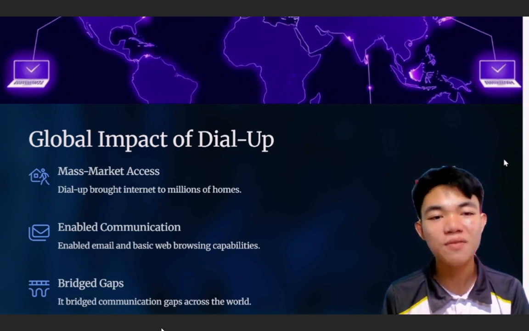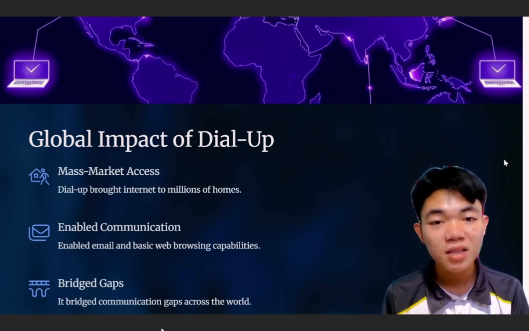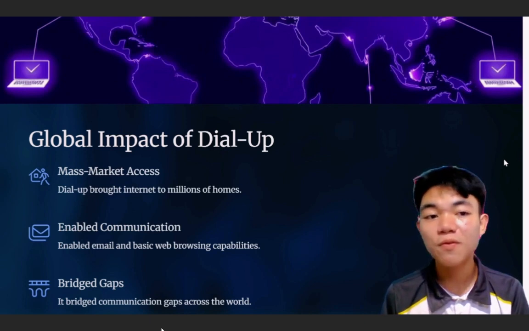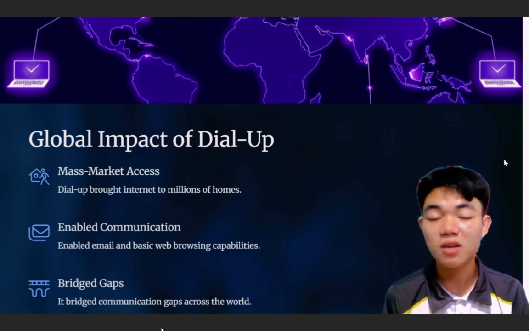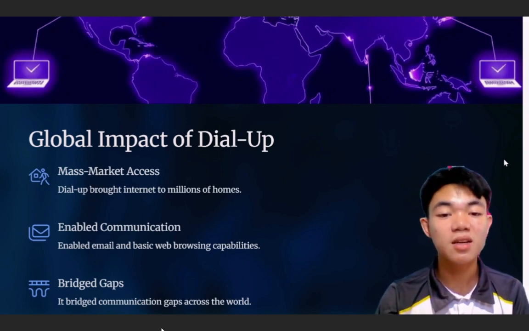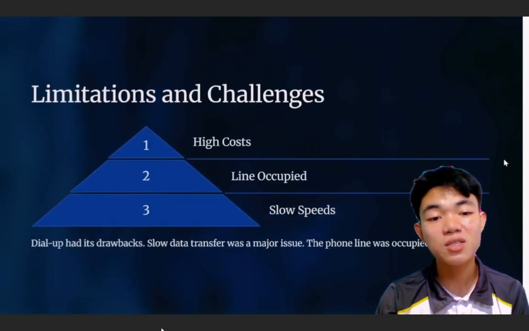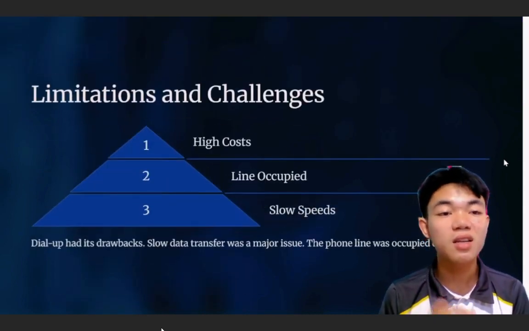This global connectivity had a profound impact, transforming how people live, work, and connect with each other from the past.